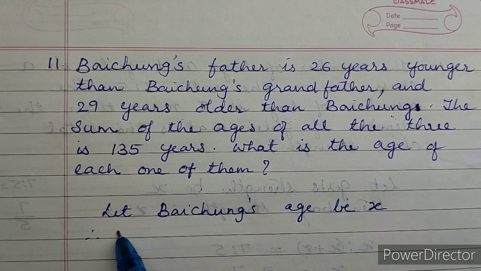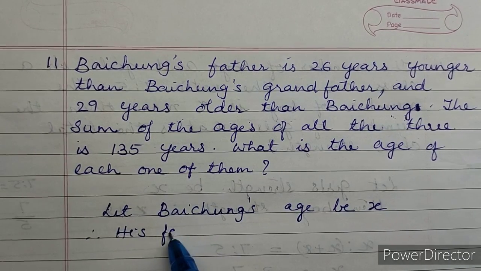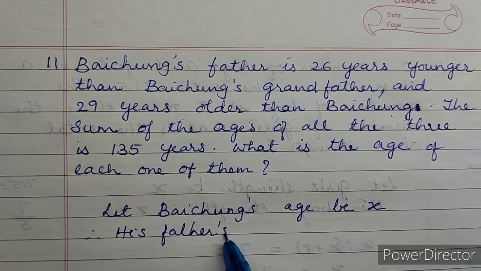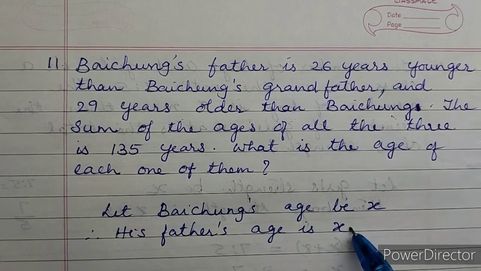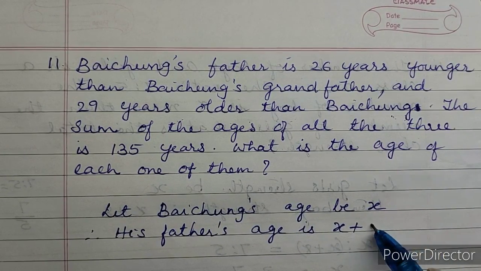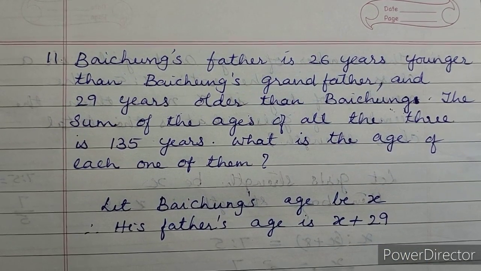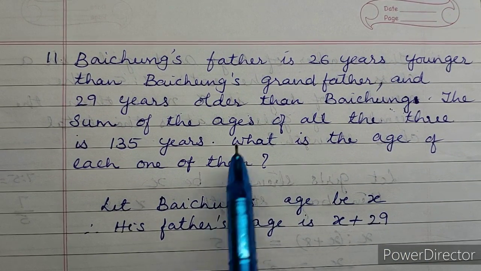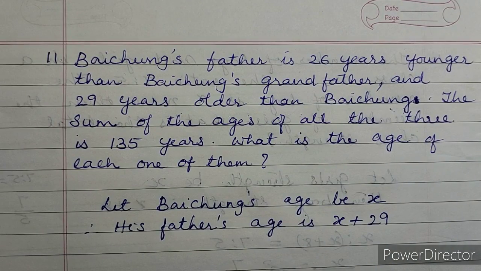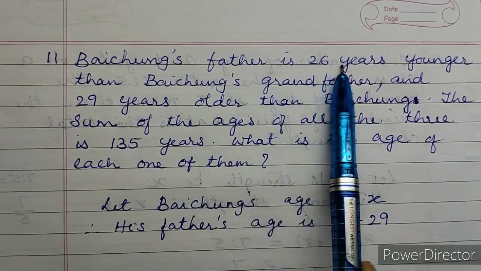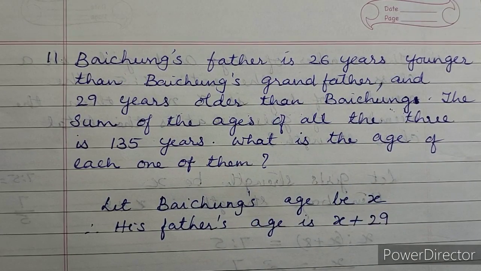Therefore, his father's age is 29 years older than Baichung. So x plus 29. Now grandfather is 26 years elder, or it is given Baichung's father is 26 years younger than Baichung's grandfather.